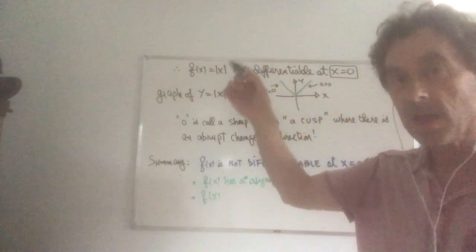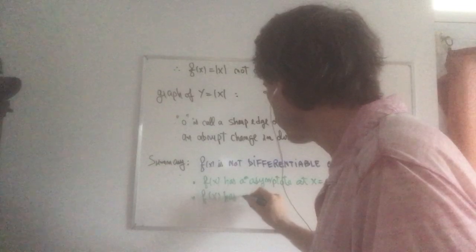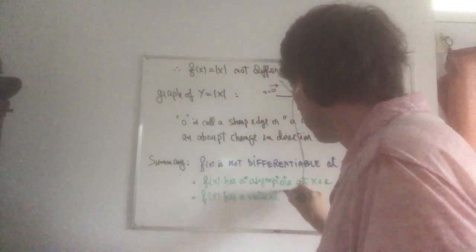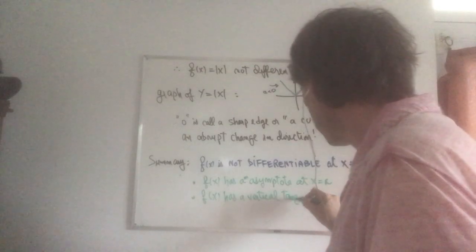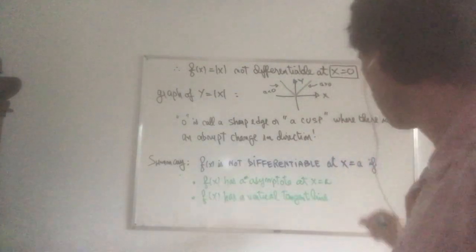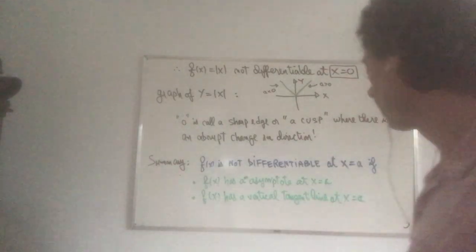The second that we saw was the graph of the cube root of x, where when we sketch it, we end up with a vertical tangent line. Wow. f has a vertical tangent line at x equals a. Right?